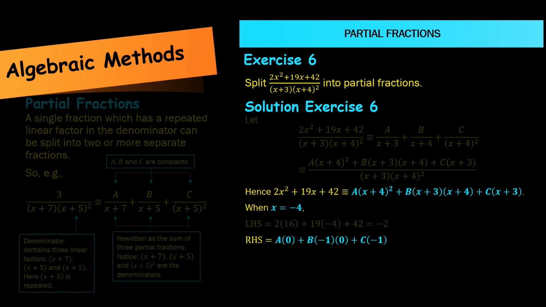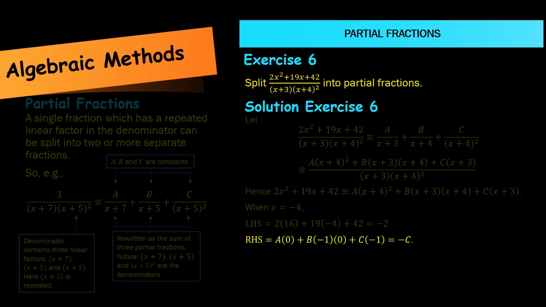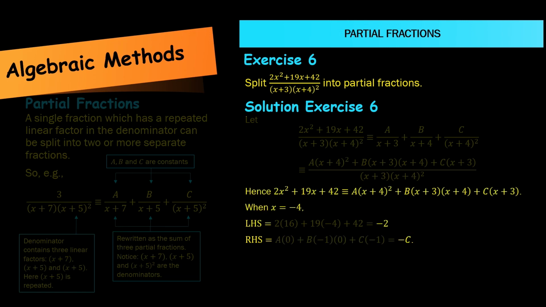We're now simply left with c times minus 1. Therefore, the right-hand side is equal to minus c. Since the left-hand side and the right-hand side are equal, we have that c equals 2.